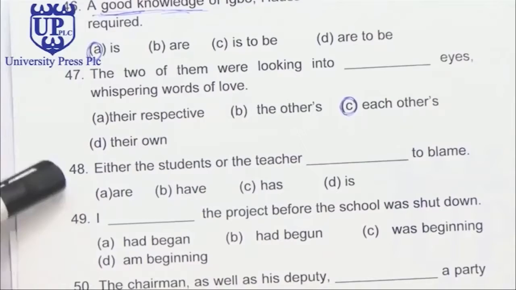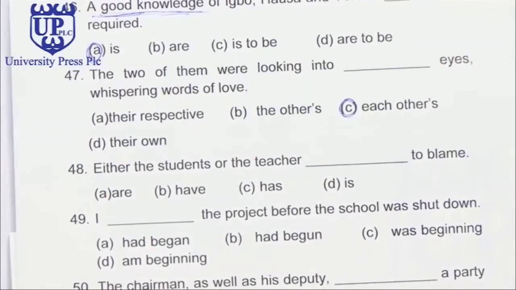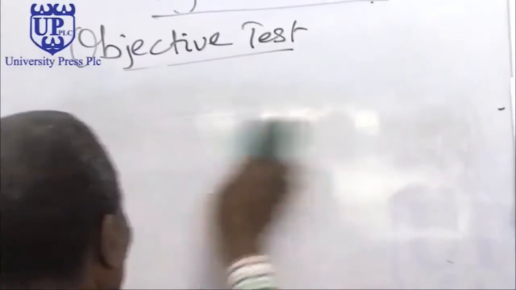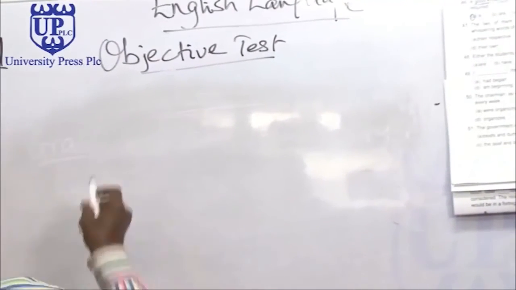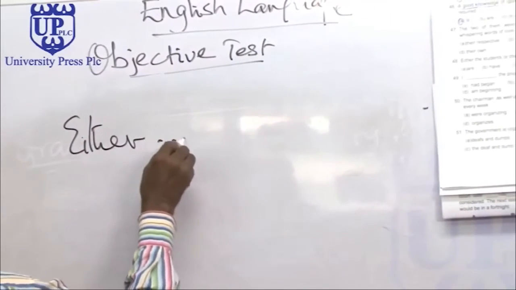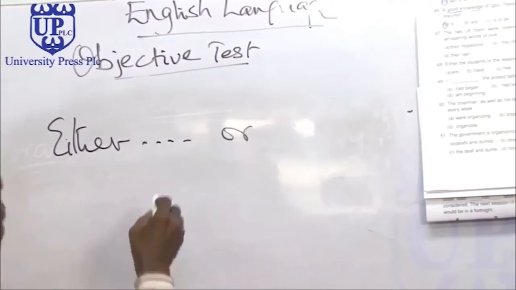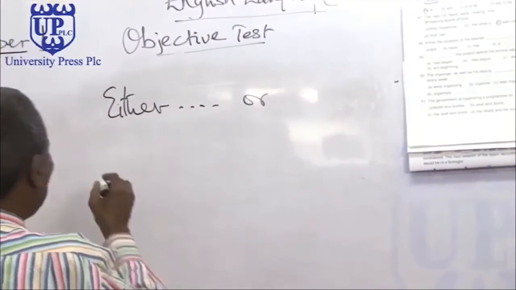Now there is a rule in this number 48. When you use either or, the verb has to agree with the subject nearer to it.